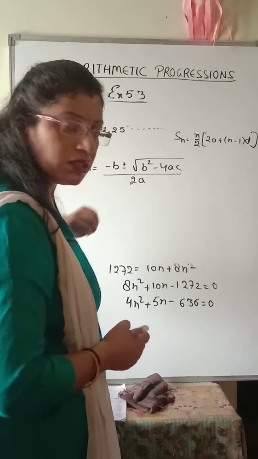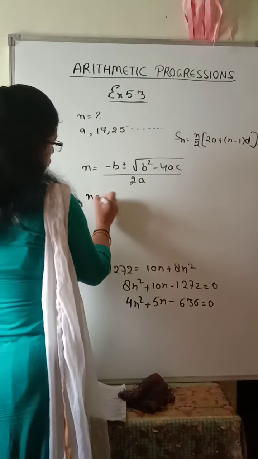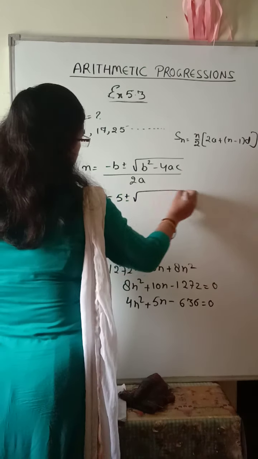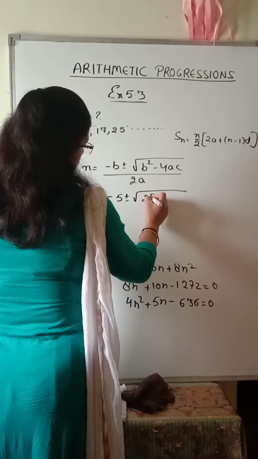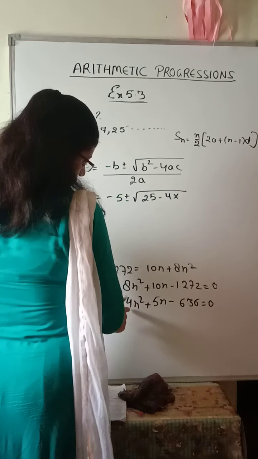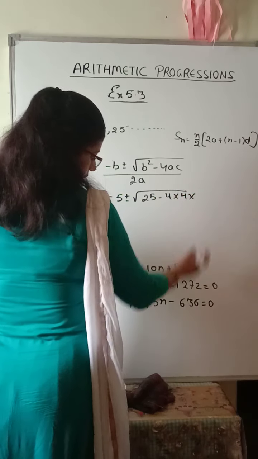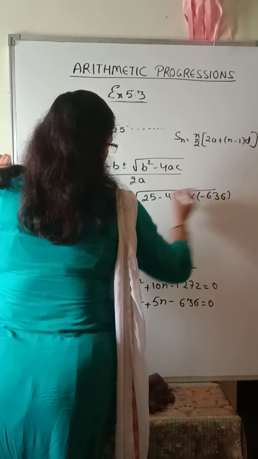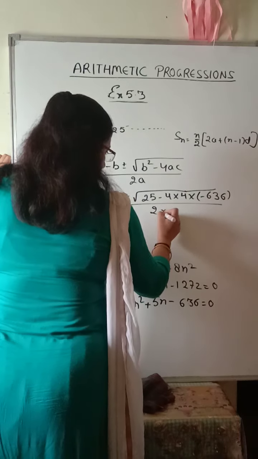Where the quadratic equation we have, n equals minus b, which is 5, plus minus root of b square, 5 fives are 25, minus 4 into a, which is 4, c is minus 636, so minus 4 into 4 into minus 636, divided by 2 into a, which is 4.